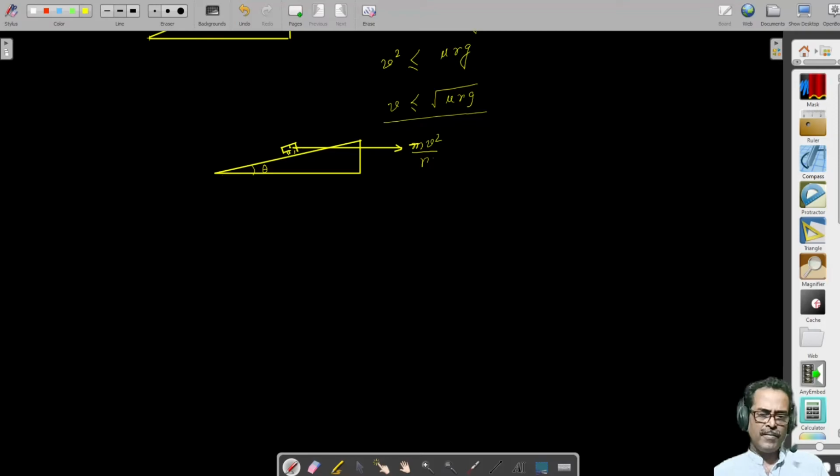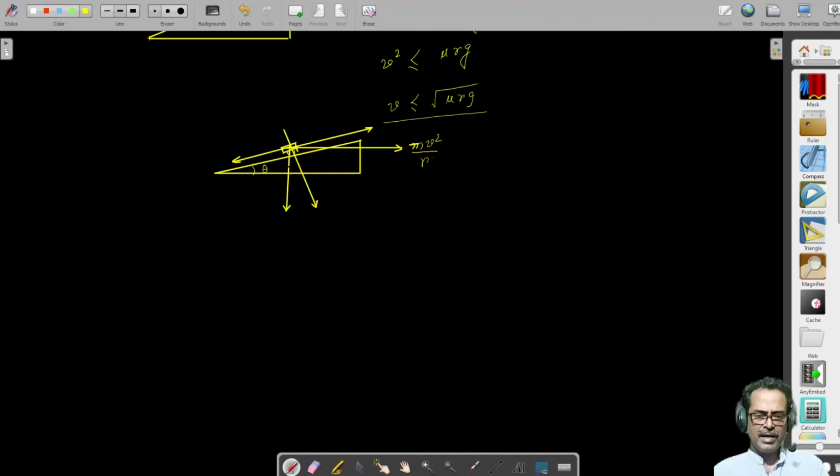now we know that if we resolve its weight along the direction of the incline and perpendicular to the direction of the incline, and also we resolve the centrifugal force along the direction of the incline and perpendicular to the direction of the incline.